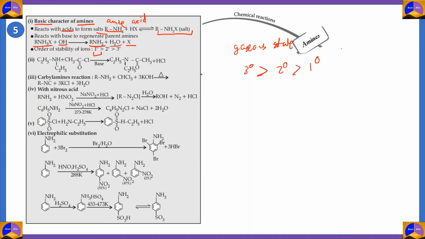The reason for that is alkyl groups are electron-giving groups. The electrons here are transferred to the nitrogen, which makes it more stable. So R3N is actually more stable than RNH2.